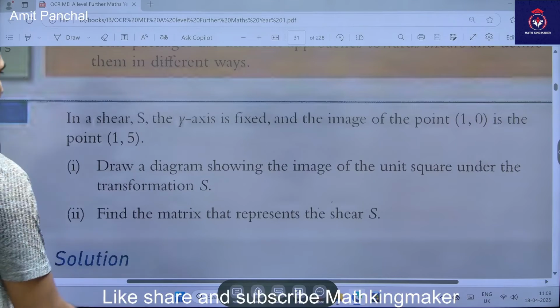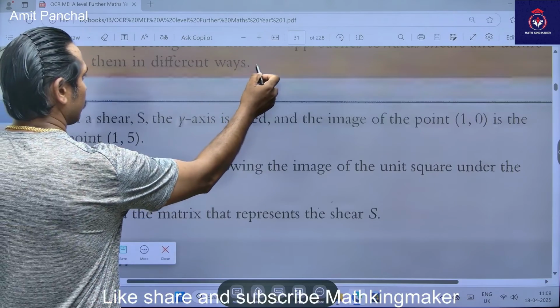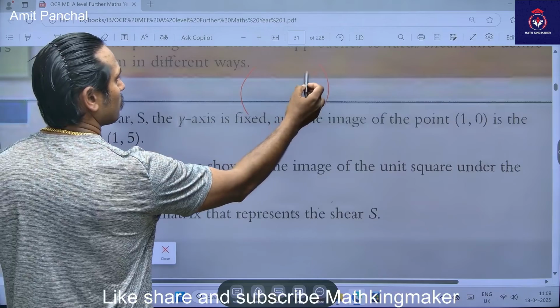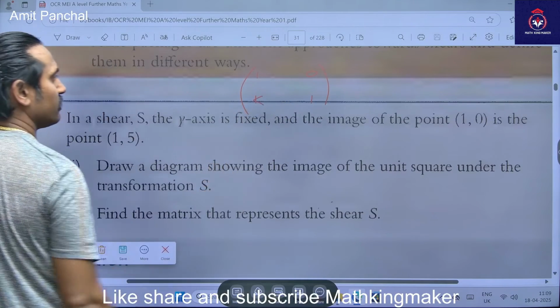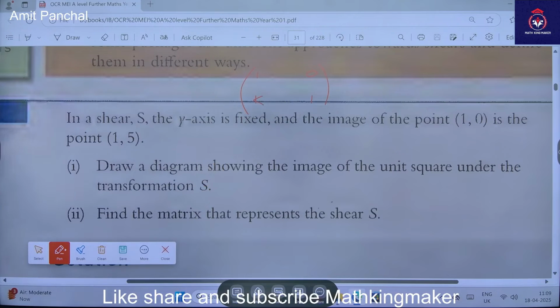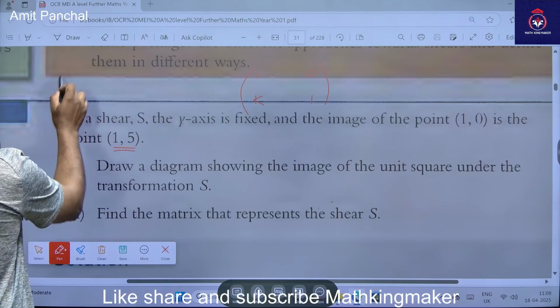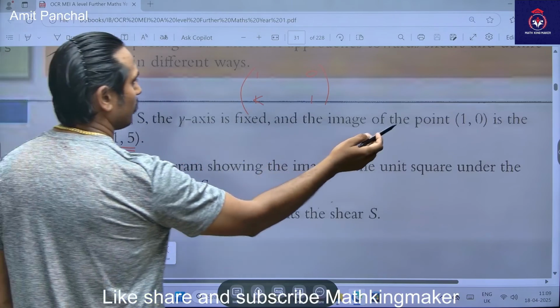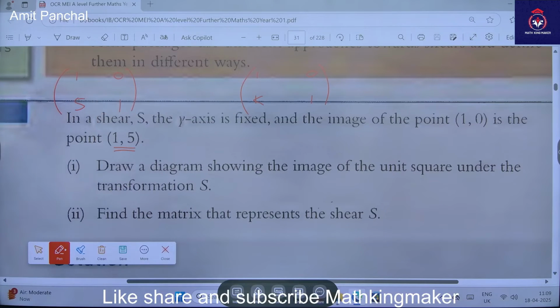The shear matrix if the y-axis is fixed has to be of this form. The image of (1, 0) is (1, 5), and (0, 1) will remain as it is, so that will be your shear matrix.